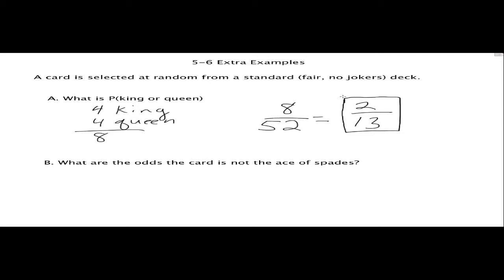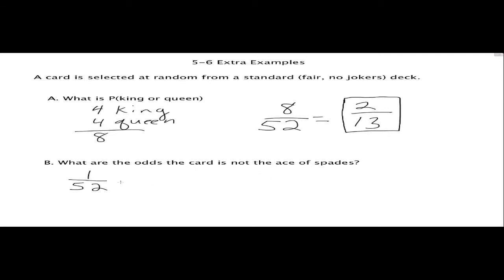Well, now we're talking about not, so we're talking about a complement. If it is the ace of spades, how many aces of spades are there in a fair deck? There's 1. That's 1 out of 52 cards. The complement of the ace of spades is all the other cards.